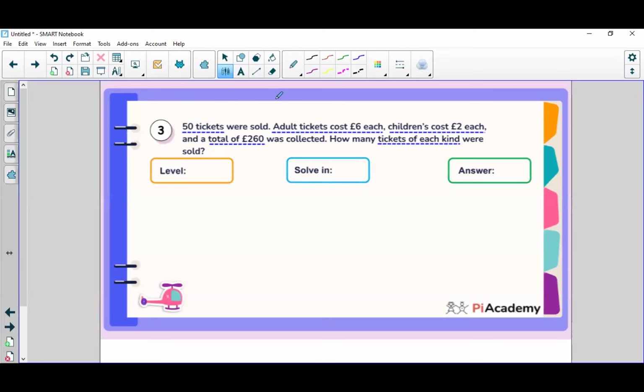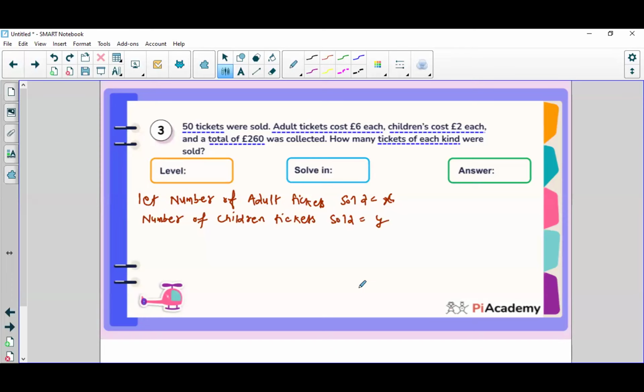So we can consider: let the number of adult tickets sold be X. Next, the number of children's tickets sold, I can consider as Y.